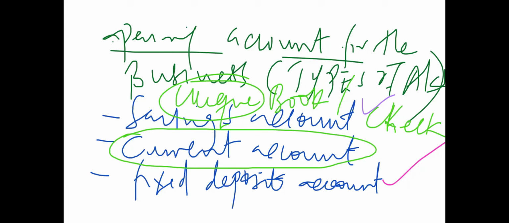So most businesses operate this current account because the current account avails you with the ability to sign a check, and then you can give it to the person to go and withdraw money from your account. And that makes business transactions simple, because just imagine if you are supposed to be lining up for every transaction that you want to make, that today I want to pay this, today I want to pay this.